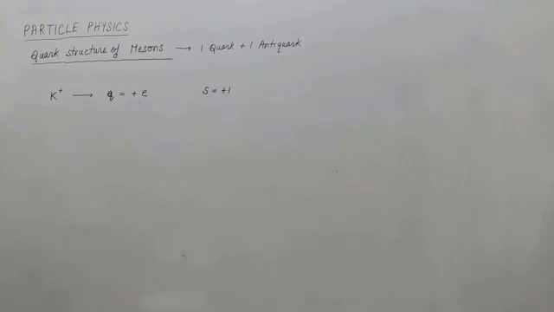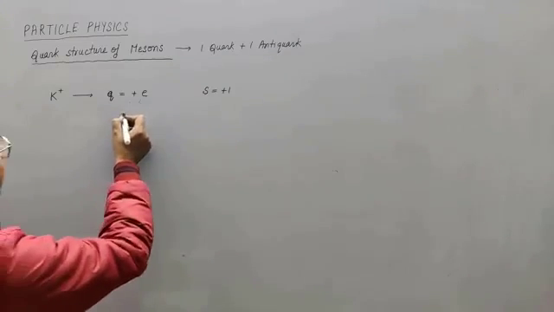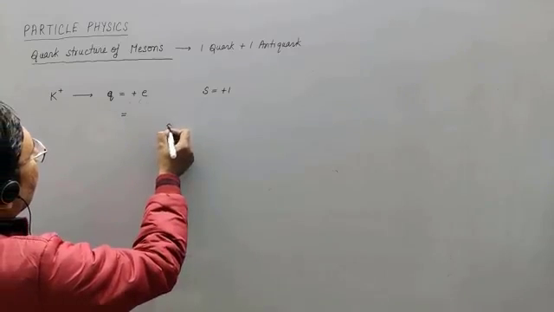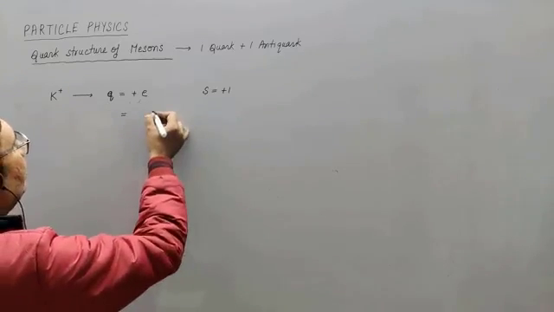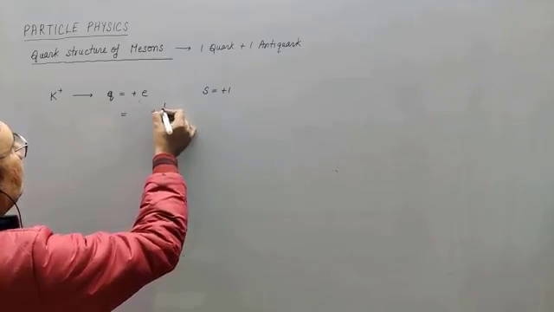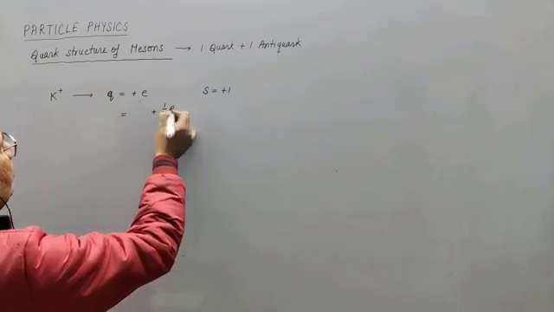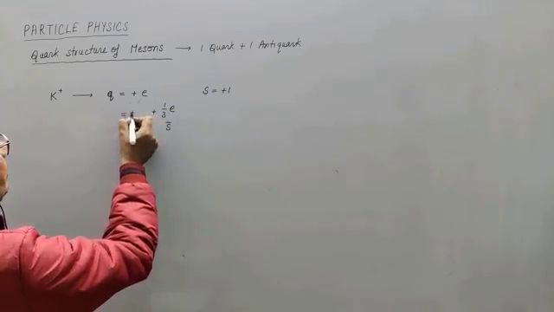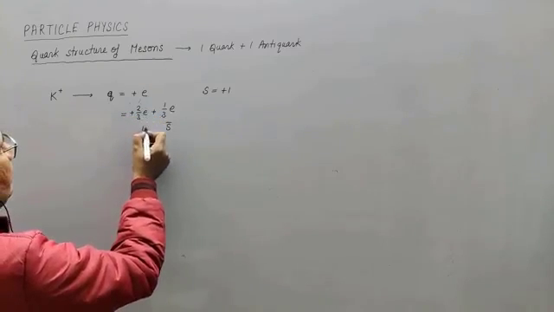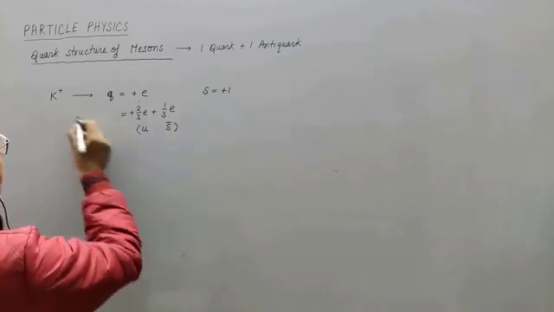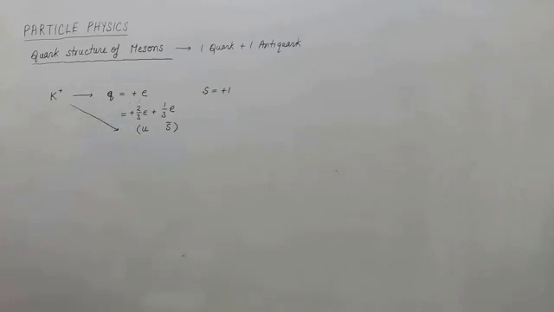What is the strangeness number of the strange quark? That is minus 1. So one of the particles involved is S bar. S has charge minus 1 by 3E, so S bar will have plus 1 by 3E. Total charge is plus E, so here we will have 2 by 3E. So internal structure will be U S bar. So U S bar will be the internal structure of K plus.